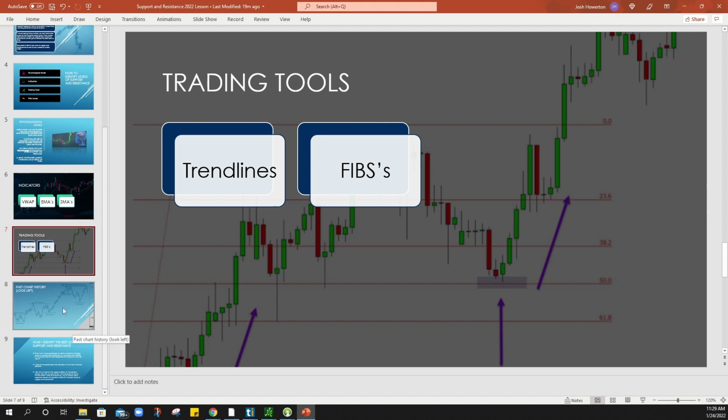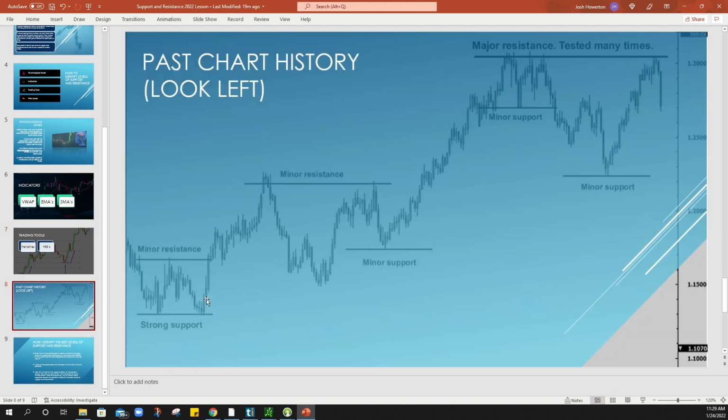And then the most important, in my opinion, is going to be past chart history. How many times have you heard me say, look left, just look left, right? When you look left on a stock chart, what are you doing? You're looking back into the past chart history. The further back you go, the more conviction you have.